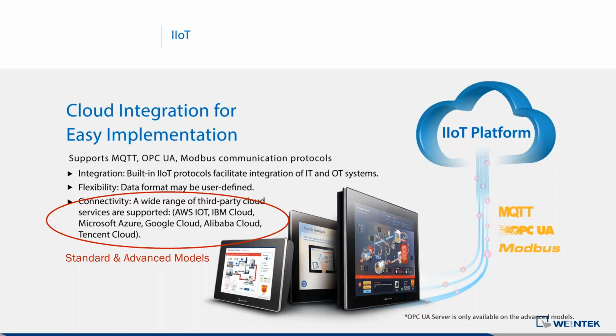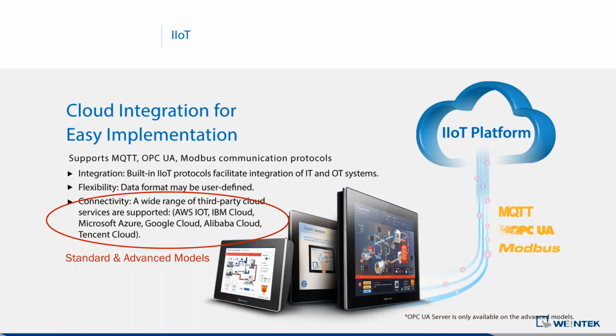And in EasyBuilder Pro, we provide direct support for these clouds, so you can send or receive data from them, and the setting is going to be way easier than if you were trying to use normal MQTT to communicate with these platforms.